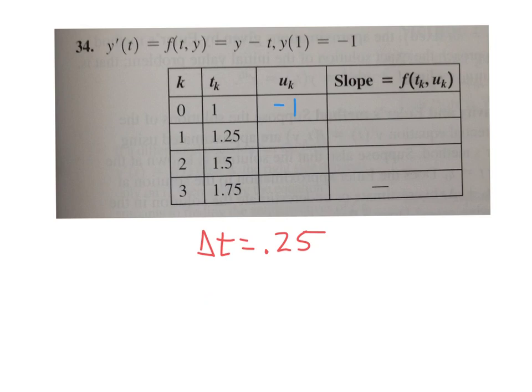Now we want to use this information to find our first slope. Remember, this is our differential equation and derivatives are just slopes. So this is how we compute all of our slopes, but here's the notation for the first one.